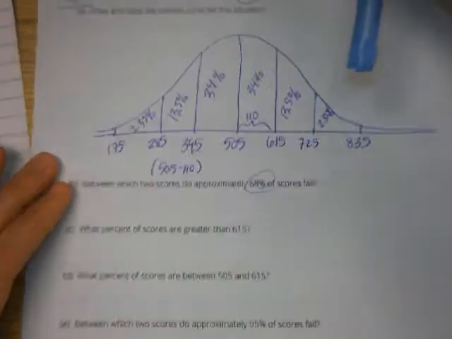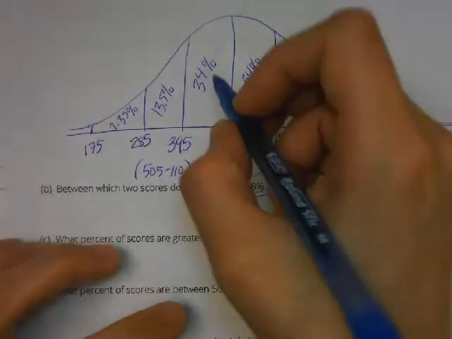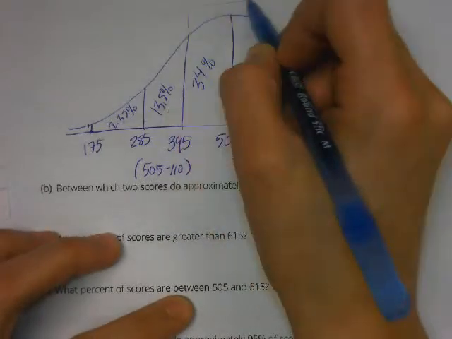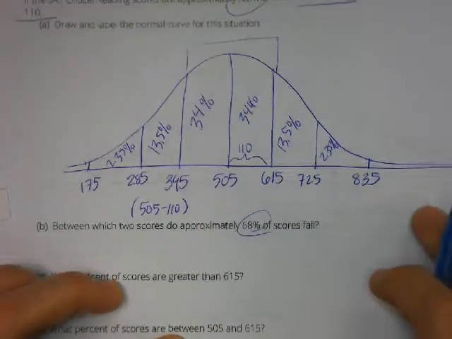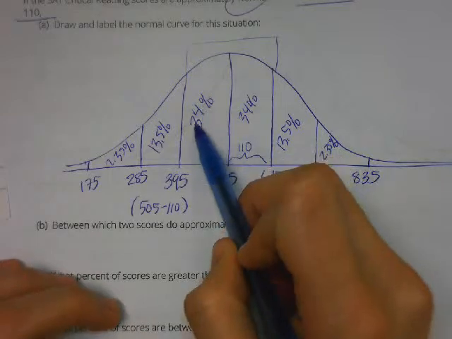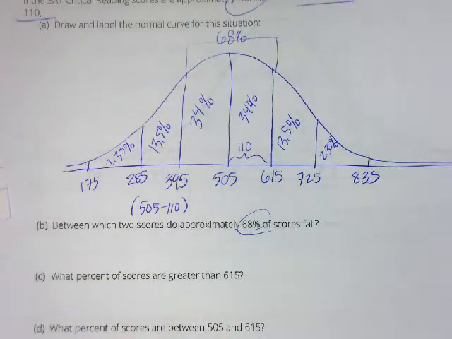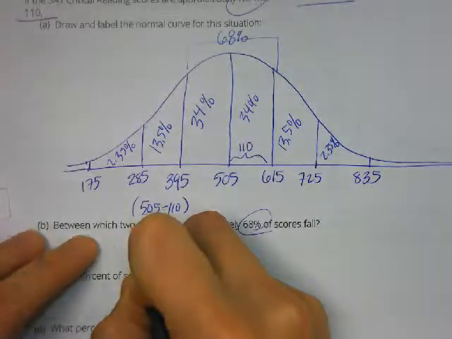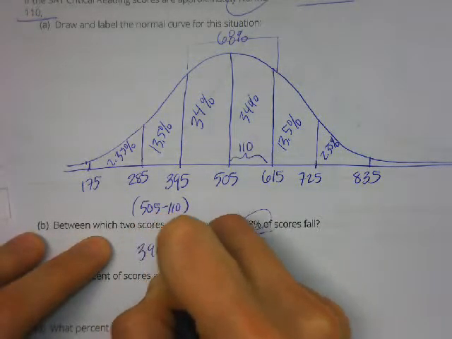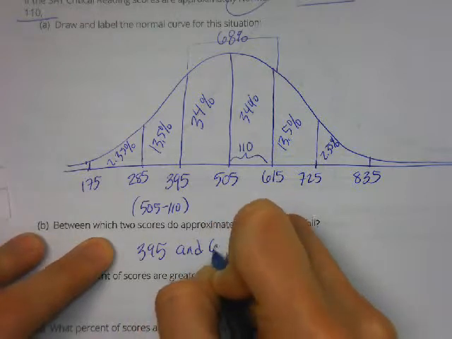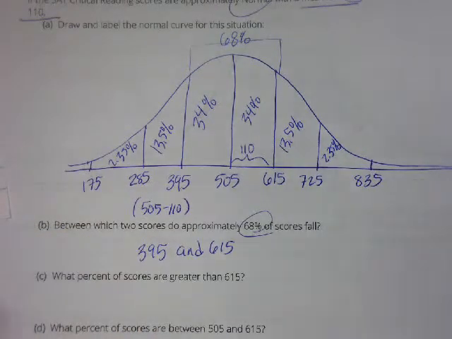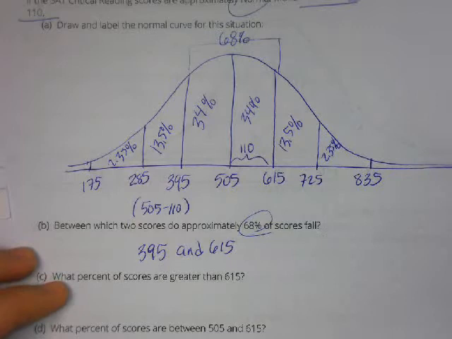So, the middle 68% is located right here. This is where 68% of the values are. 34 plus 34 is 68%. So the answer to this is the 395 and 615. So between 395 and 615. Okay.